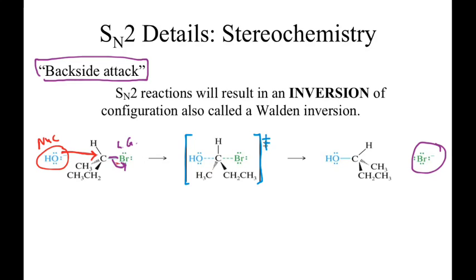It doesn't physically exist. And the phrase that you'll hear with this is that an SN2 reaction will typically result in an inversion of configuration. Our configurations are ultimately referring to R and S stereochemistry. You can also hear that as a Walden inversion, which isn't super important.